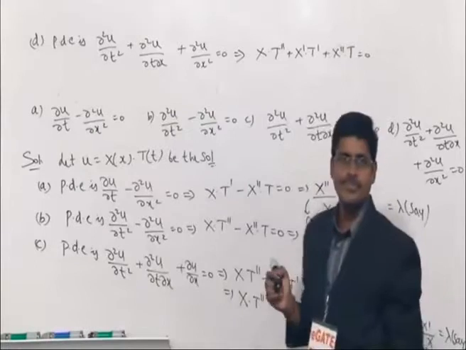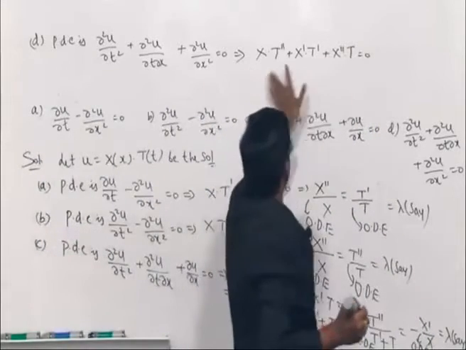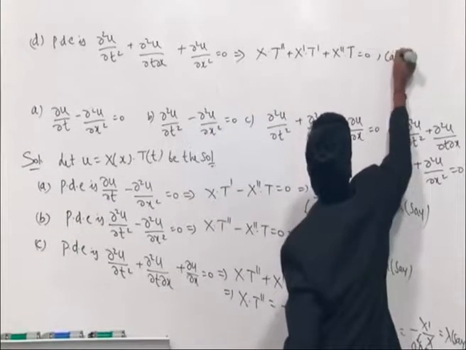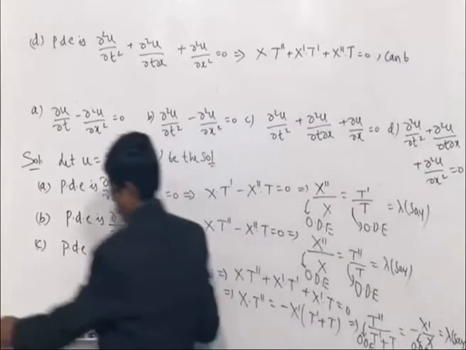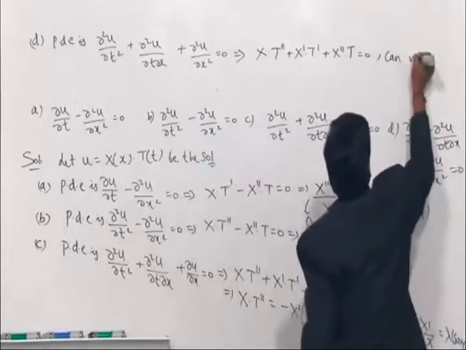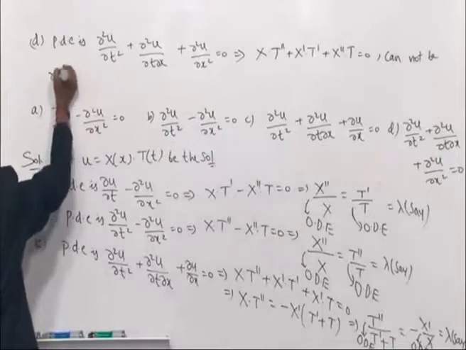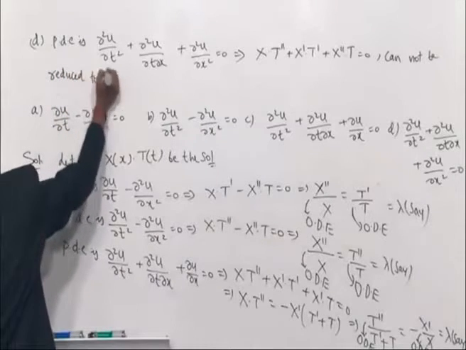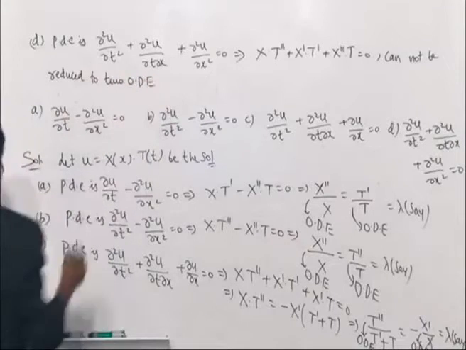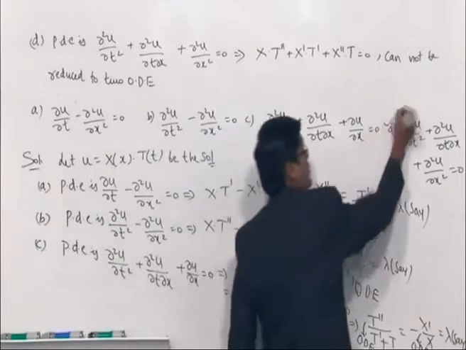So here no x common, no t is also common. So this cannot be reduced to ODE, ordinary differential equations. So answer is option D.